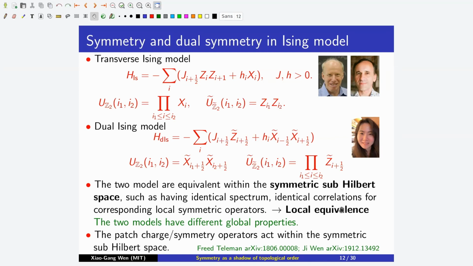The symmetric sub-Hilbert space is kind of like the correlation function of a local symmetric operator, a local property. In that sense, we say that the Ising model and the dual Ising model are really equivalent, but in the sense of local equivalence, meaning all the correlation functions of local symmetric operators are identical. So this is a more careful way to look at the duality mapping.